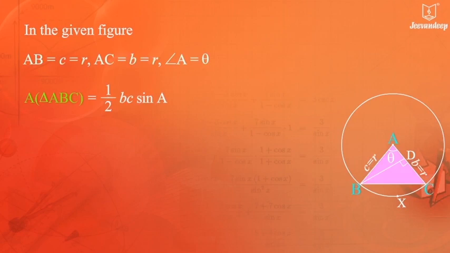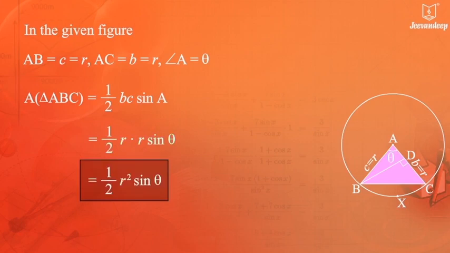Area of triangle ABC equals half bc sin A equals half r into r sin theta equals half r square sin theta.